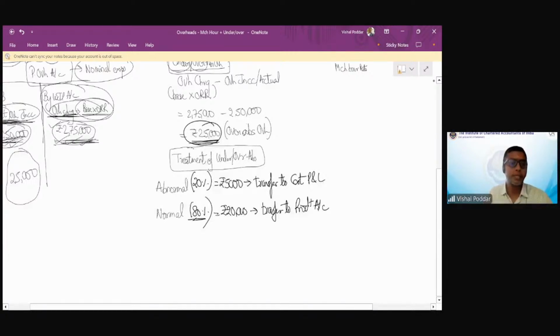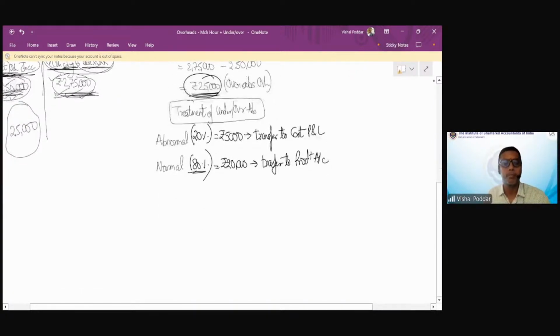Now, I just explained in the previous sheet that we have product accounts in 3 stages: WIP, FG, and COS. Now, when we say that this has to be transferred or charged to product, it means it has to be transferred to all the 3 accounts. So now I will be transferring this 20,000, which is the normal portion, in all the 3 accounts.